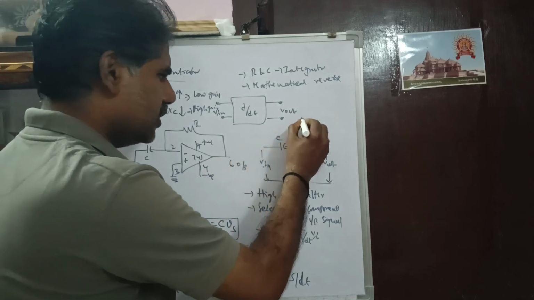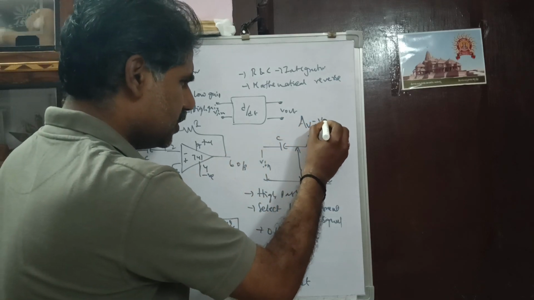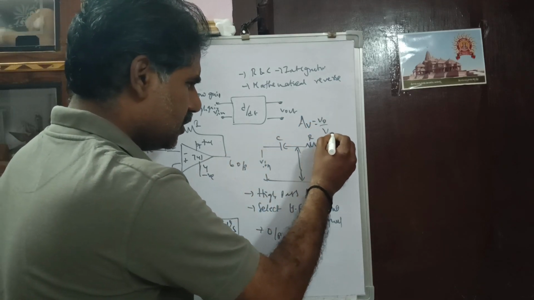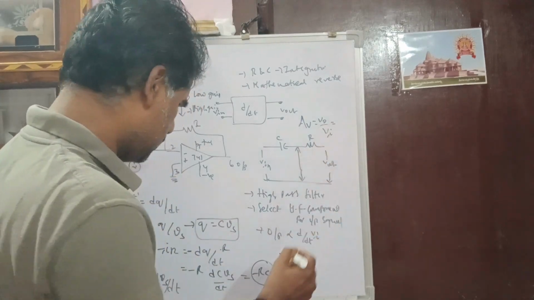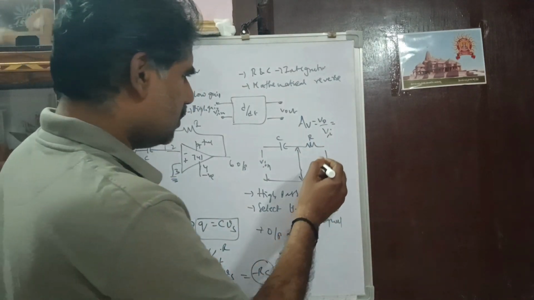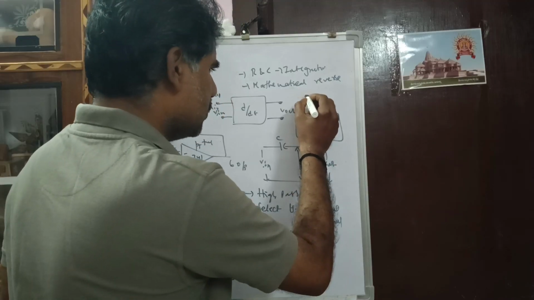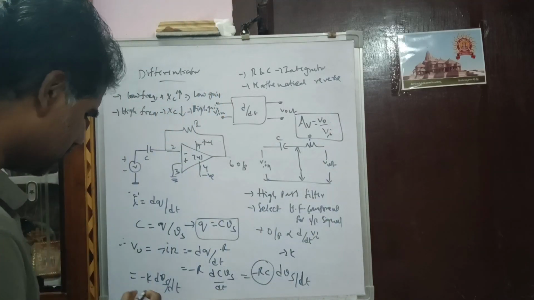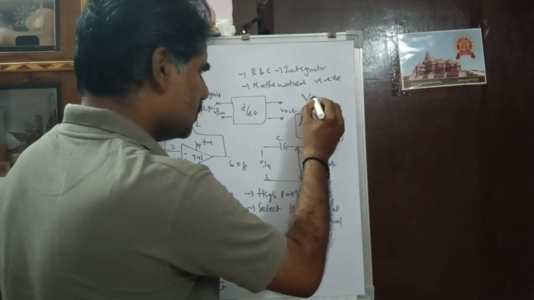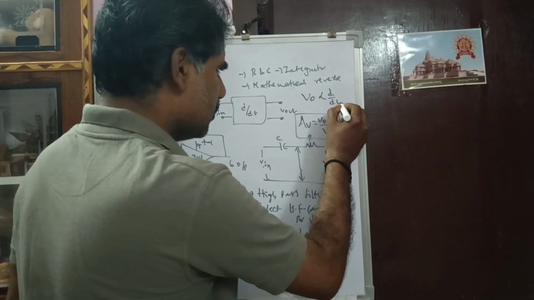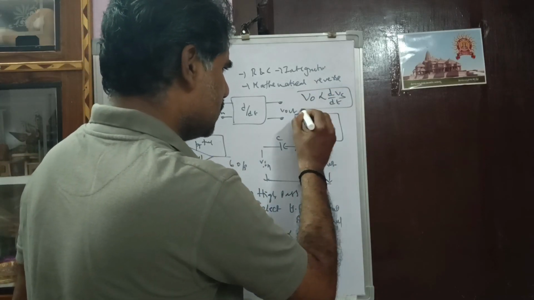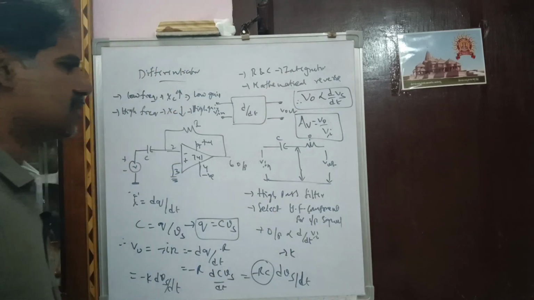The voltage gain is V naught by Vi, which is the simple voltage gain. Therefore, the output voltage is directly proportional to the differentiation of the input voltage. That is the differentiator.